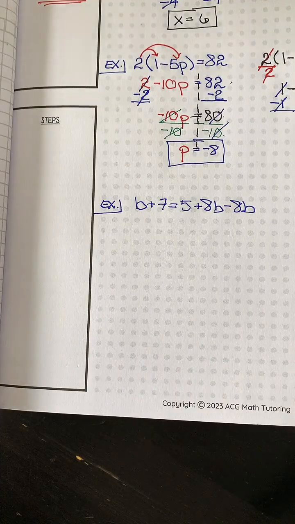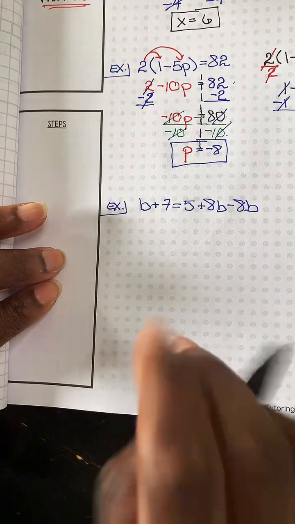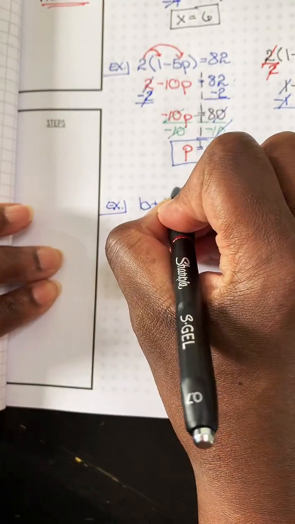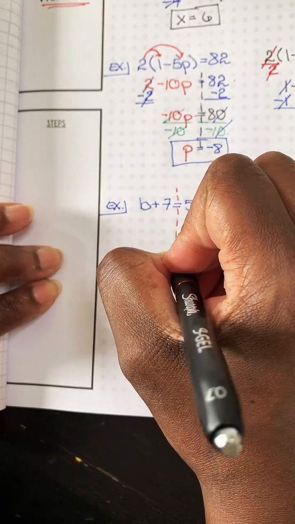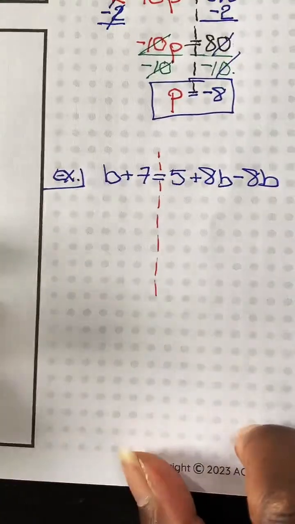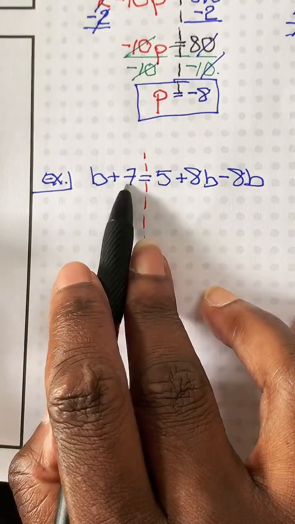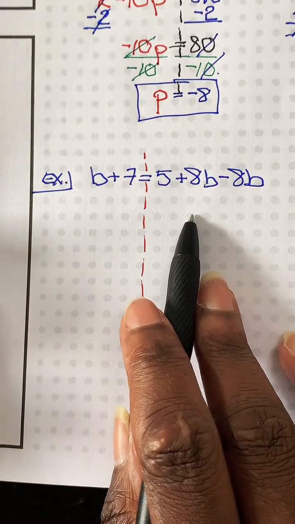Okay. So this is what's happening. Always take a look. Here's my equal sign. Boom. Right here in the middle. So take a look on one side. Over here, I don't have any like terms. Okay, let's see what's happening over here.